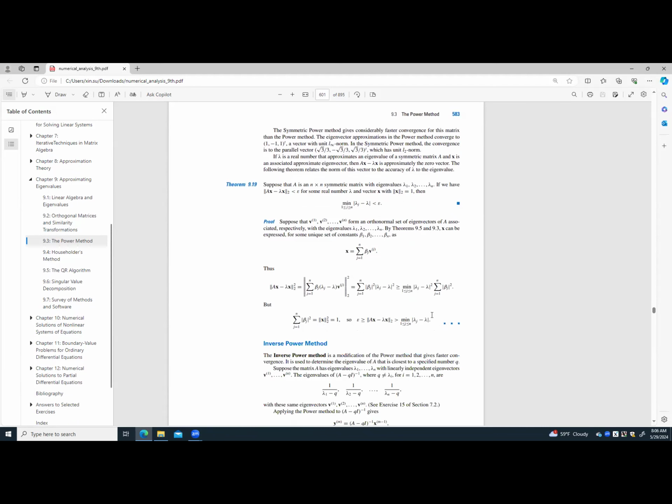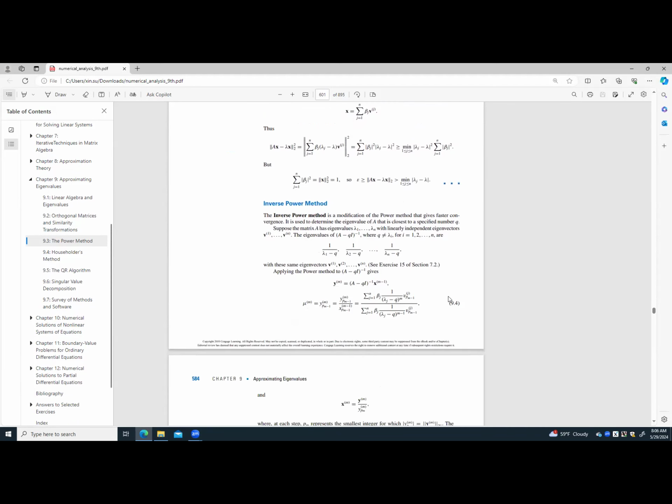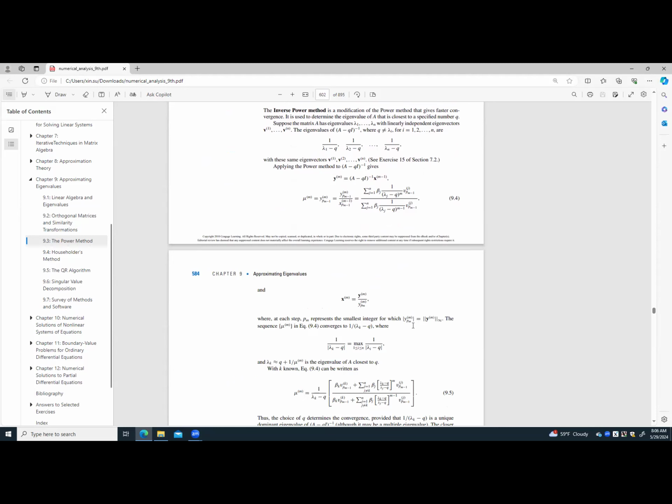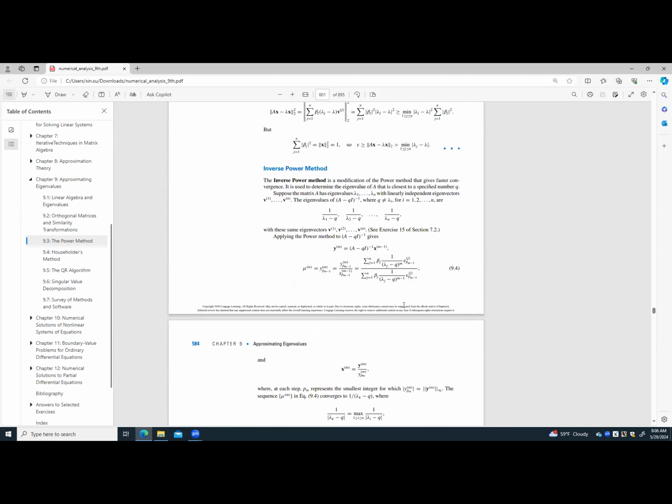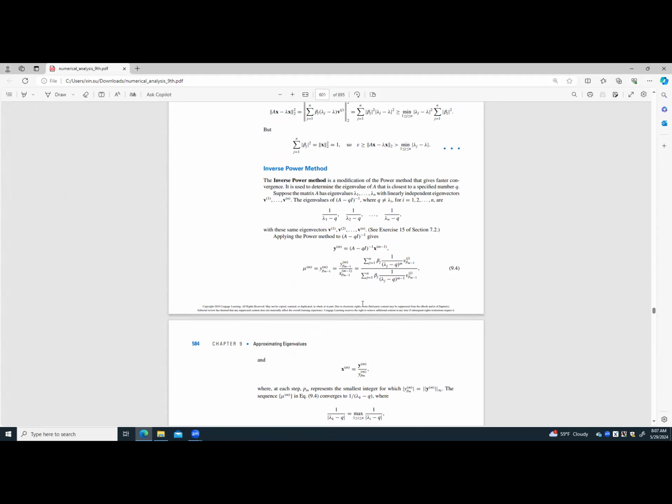They are all power methods based on the first, very basic version. So I think you have the ability to understand the material here. And I think that's all for the power method part.